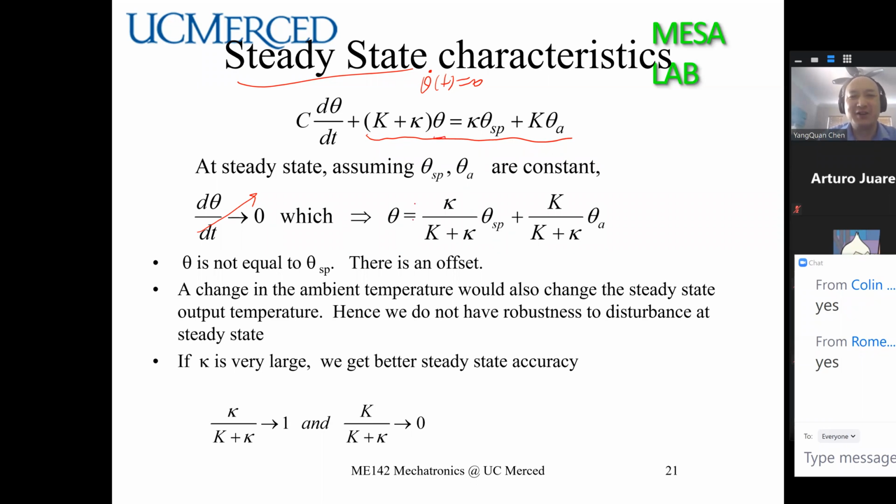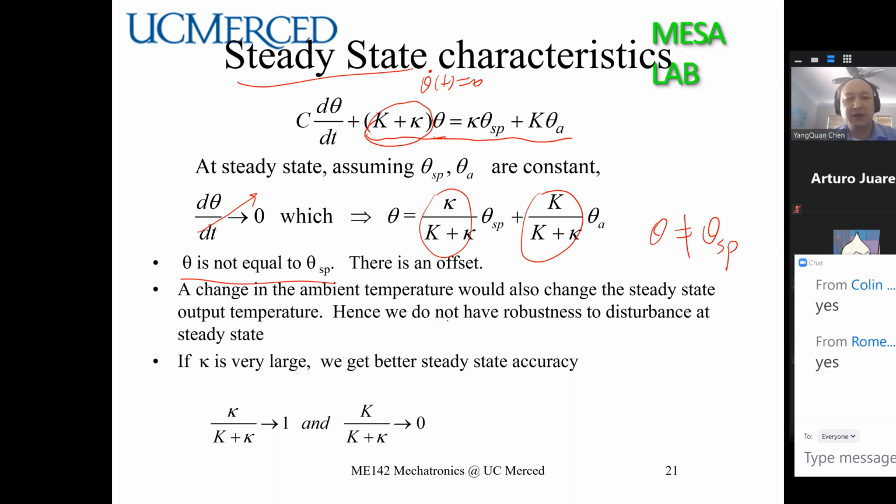So then theta will be divided by this term, both sides. You are going to have this term and this term. So you are going to see that theta will not be the theta set point. It is not. There's always an offset. Okay, so we proved that using our internal model principle.